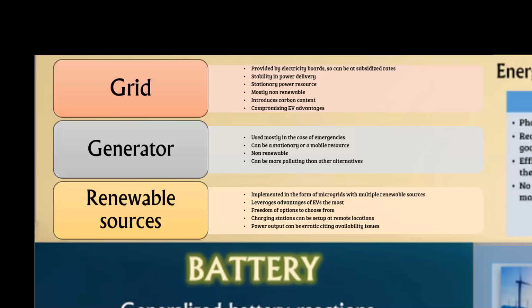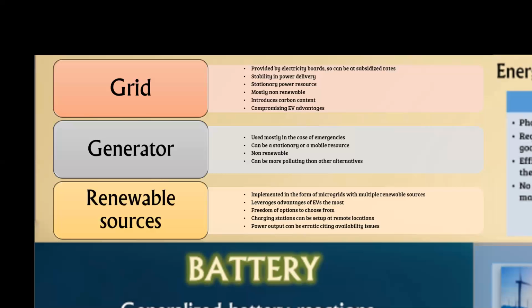Coming to the renewable sources, this is what we could consider as what EVs would usually be recharged with going forward. Renewable sources right now are usually used in microgrids, where different renewable resources are combined together.